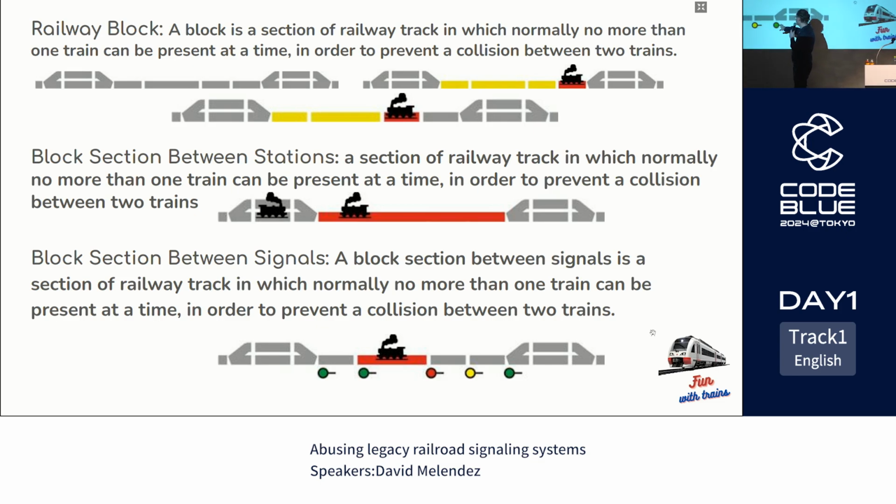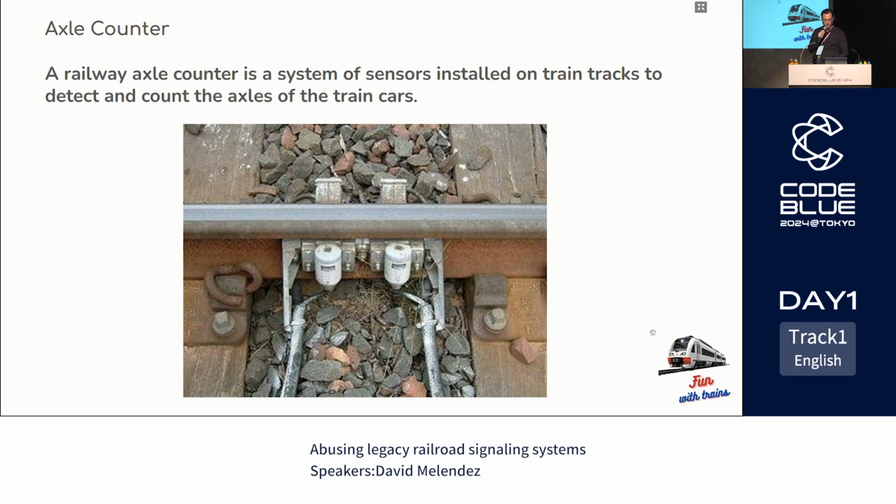The last section is available to be occupied by another train, and we have to leave a security separation of at least one section. A classic method to track the trains is an axle counter.